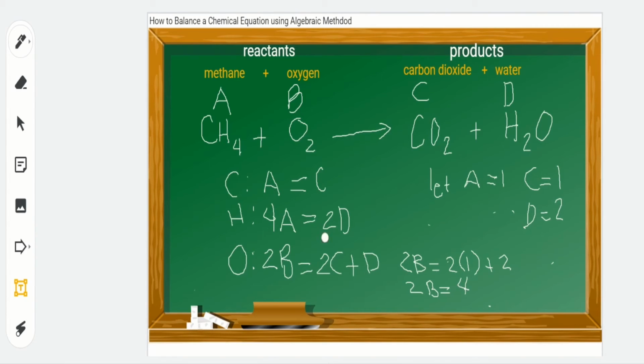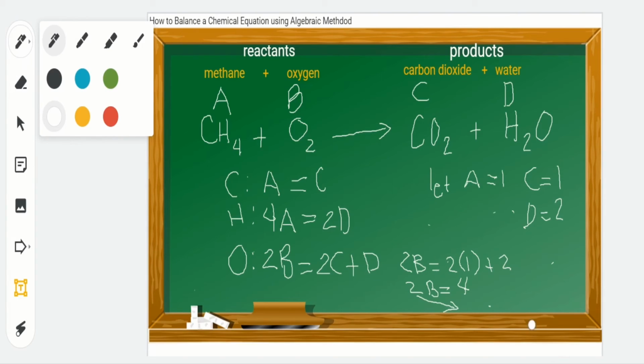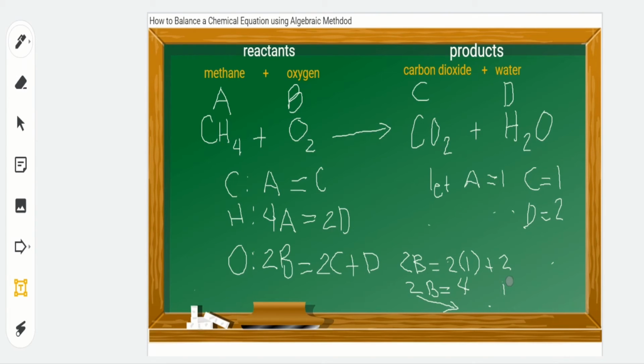So, ipo-cross over natin dito itong si 2 dito. So, ang magiging sagot dito ay B is equal to 4 divided by 2. So, ibig sabihin, si B is equal to 2.